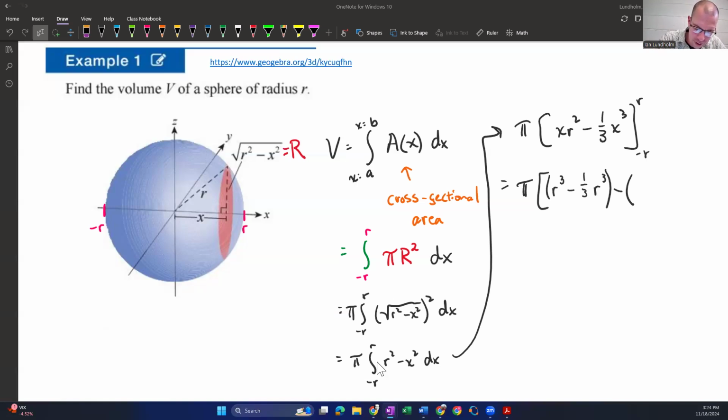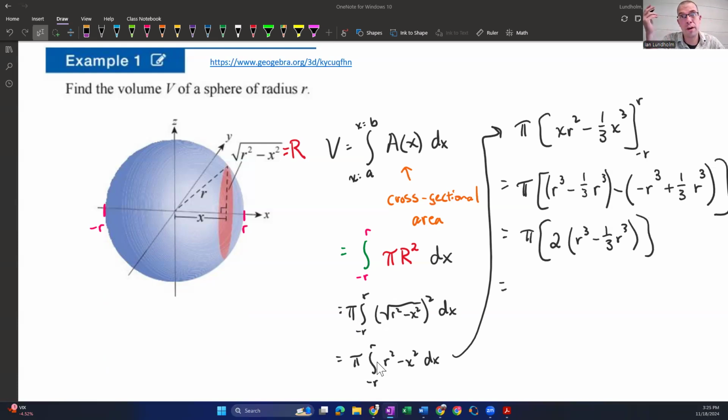So we've got negative r cubed and then plus 1/3 r cubed when we put in the negative r. And yeah, this is what I was saying earlier, that this ends up just being 2 times r cubed minus 1/3 r cubed. Okay. And actually, r cubed minus 1/3 r cubed is just 2/3 r cubed.